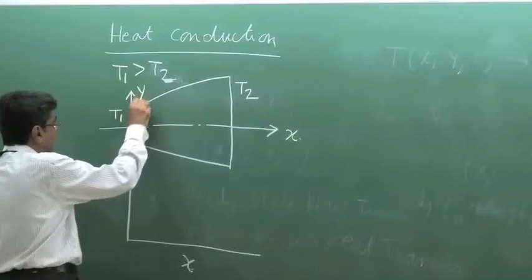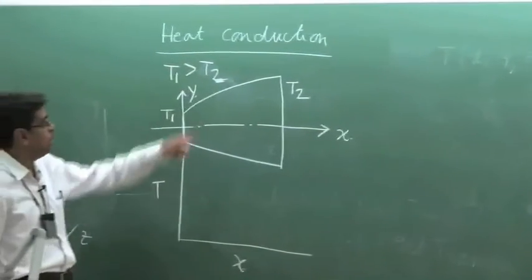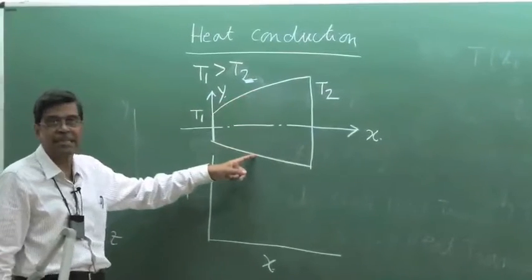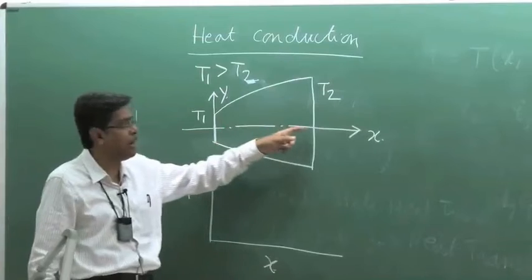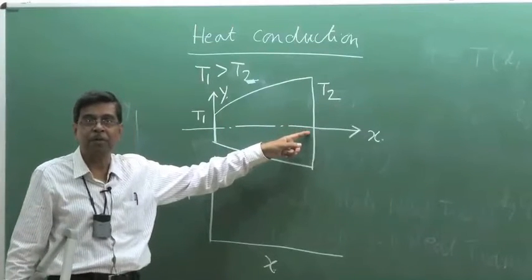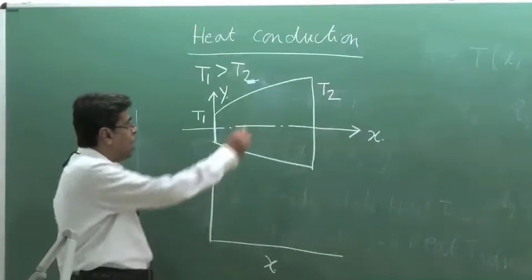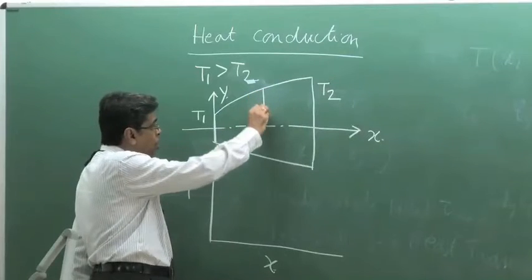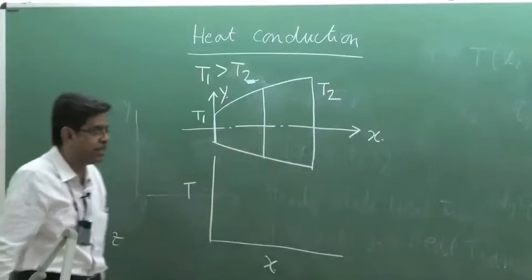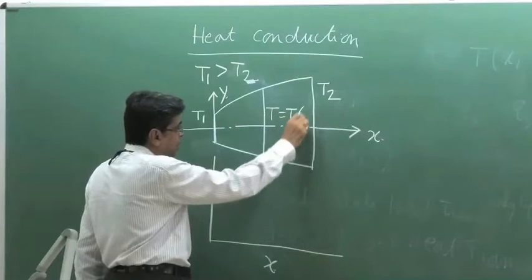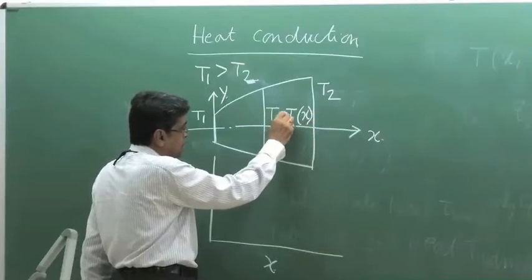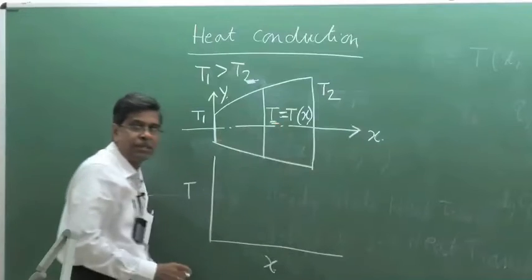But under certain cases, the variation across this section is less as compared to the variation along the length, depending upon the boundary conditions. So, what we do, we take a cross-sectional average temperature T and tell it as a function of x.